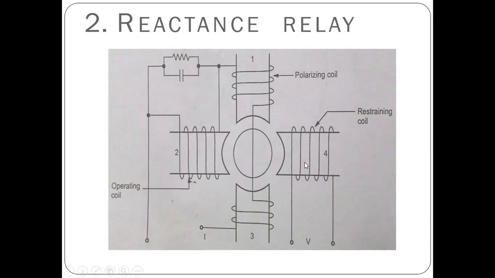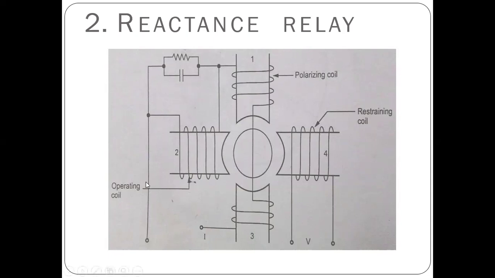And the current in the cylinder portion opposite the restraining coil pole reacts with the flux of that pole and produces a torque proportional to the voltage and current. It tends to open the relay contacts. So, in a simple way, it produces two torques: first the operating torque and second the restraining torque.